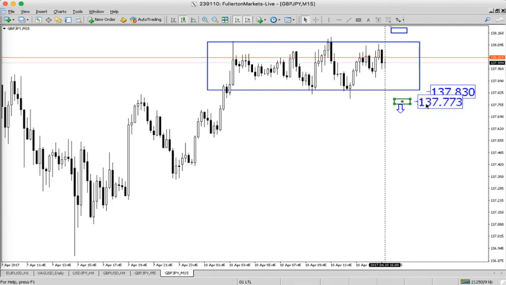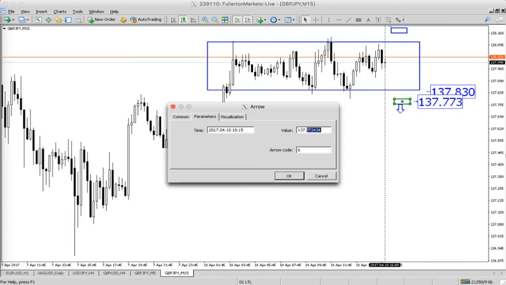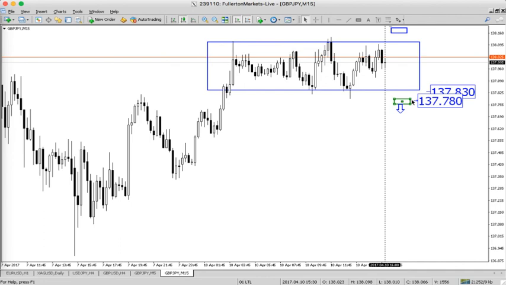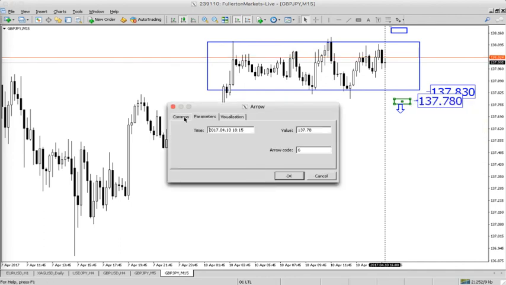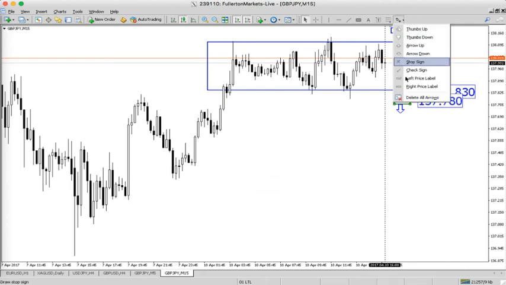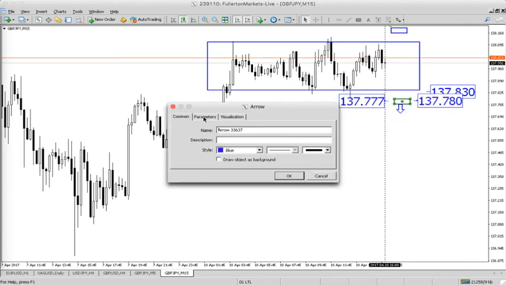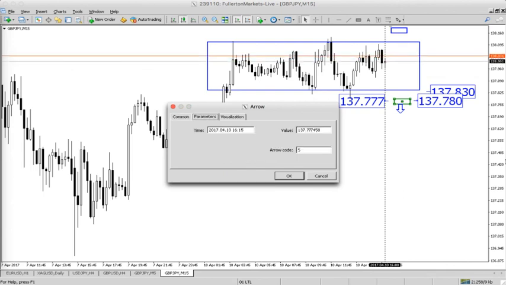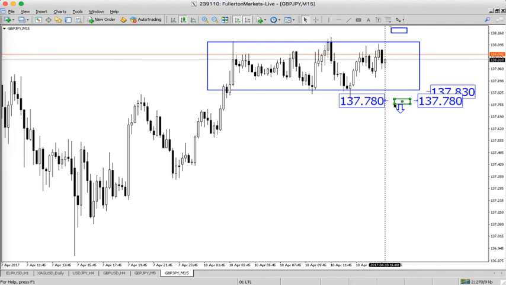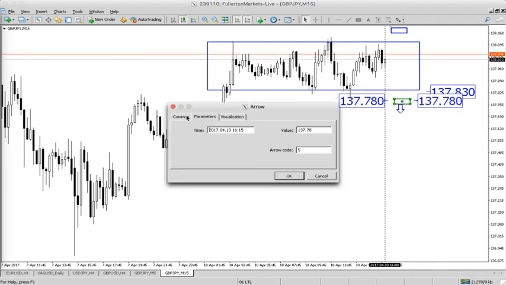So if a candle closes at 137.78 or lower, that would fulfill my criteria to go short.